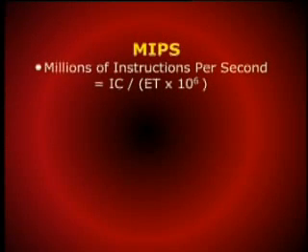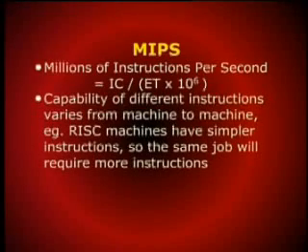MIPS is a metric which has been quite often used, and it is millions of instructions per second. If one knows the instruction count, the MIPS parameter would be just equal to the instruction count divided by the execution time times 10 raised to the power 6. The capability of different instructions varies from machine to machine.